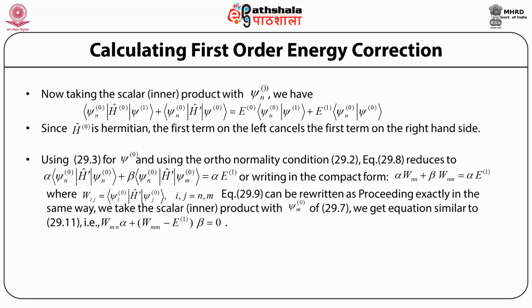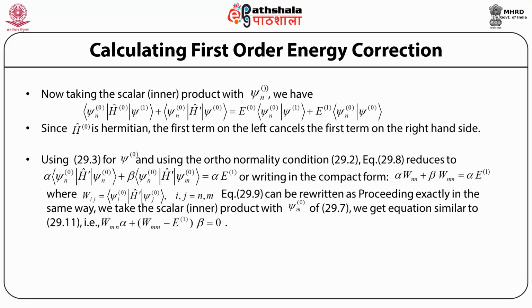Proceeding exactly in the same way, we take the scalar or inner product with psi m0 of 29.7. We get equations similar to 29.11.